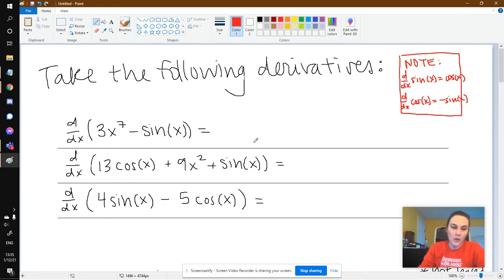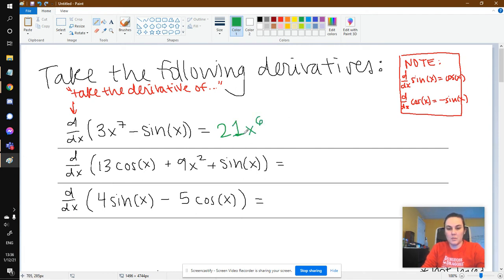Here we are. So we take the following derivatives. This symbol means take the derivative of this. So we'll go ahead and take that derivative. The derivative of 3 times x to the 7th is 21 x to the 6th, because we multiply the 3 and the 7 and knock down the exponent.